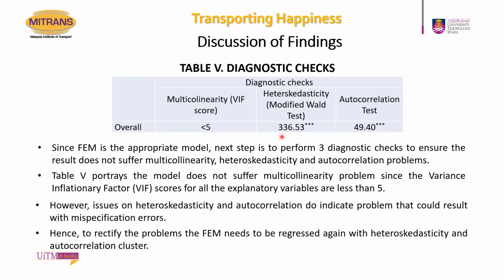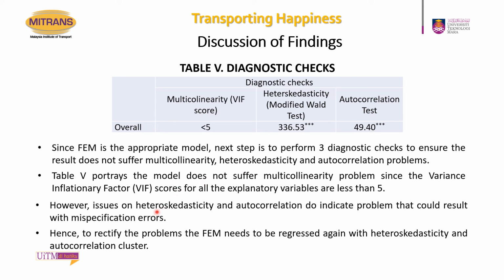For the diagnostic checks, because fixed effect is the appropriate model, we have to perform the three diagnostic checks, and we can see there are heteroscedasticity and autocorrelation problems, but there is no multicollinearity problem here.